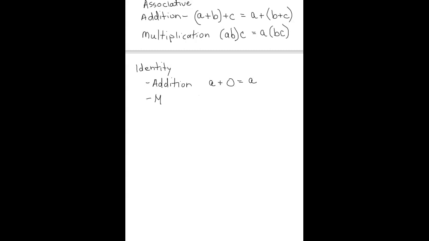Multiplication, same kind of idea. Instead of multiplying by 0, though, we're going to multiply by 1. So if I have A times 1, I still have A. That's my original value, and that did not change at all.